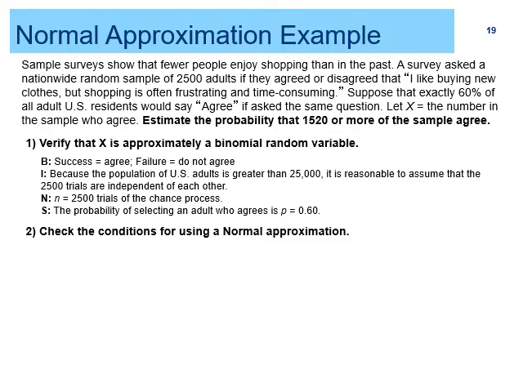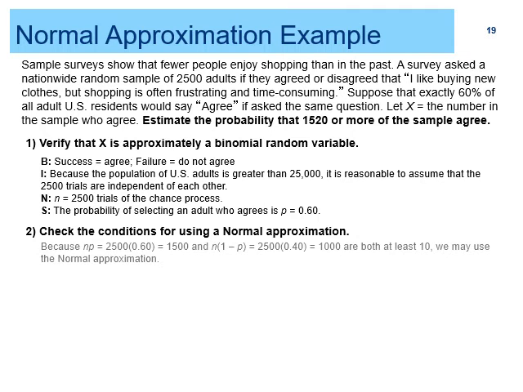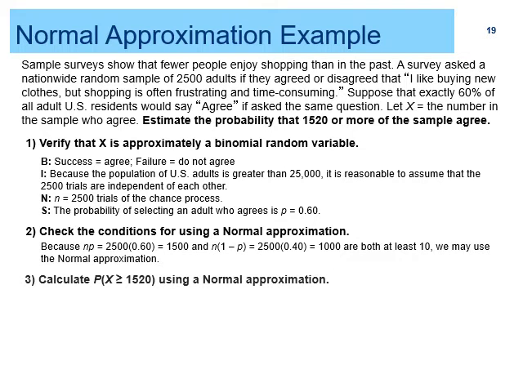So X is approximately a binomial random variable, and we have to check the condition for using the normal approximation. We know that np, that is 2,500 times 0.6, should be greater than or equal to 10. Here it is 1500, and n times (1 minus p) is 1000, and both are at least 10. We may use the normal approximation here.